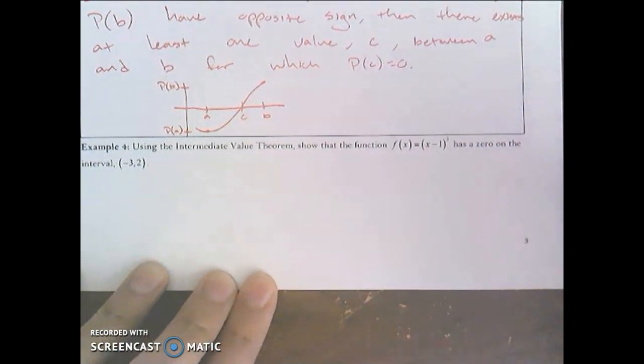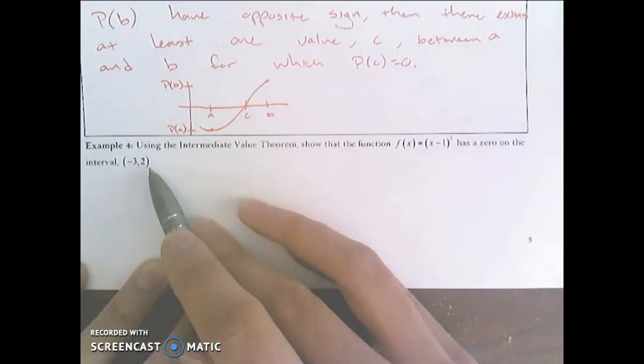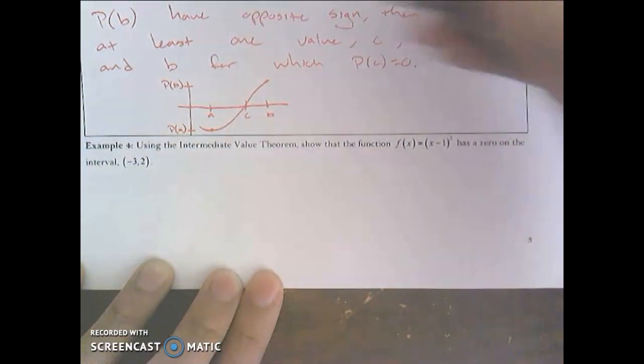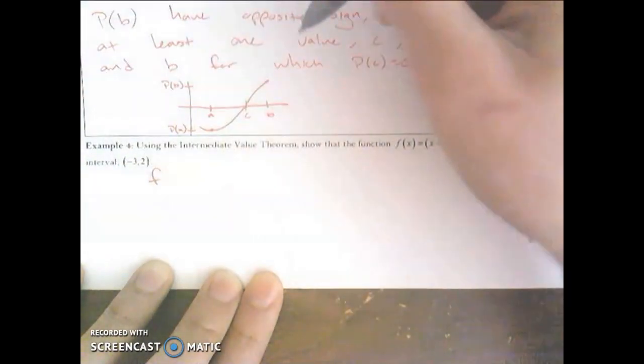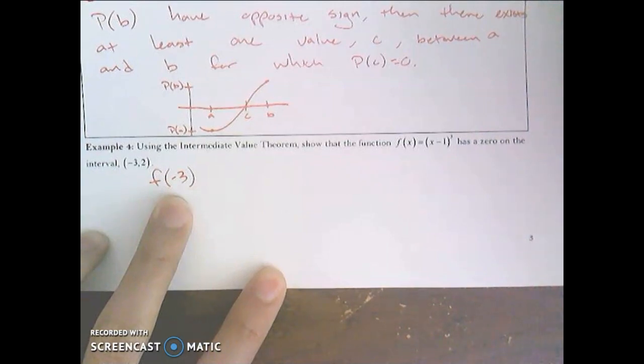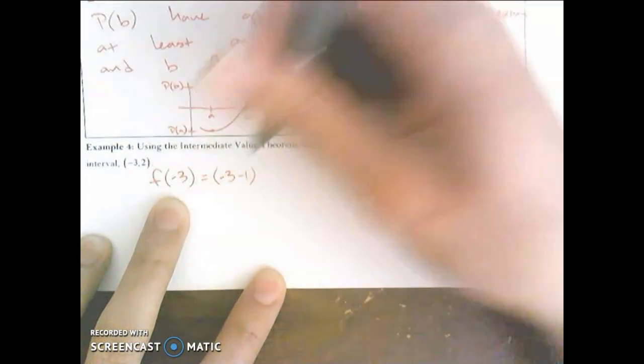So let's practice. Let's use the intermediate value theorem to show that this function has a 0 on this interval from -3 to 2. In order to find this, let's find what is f of negative 3. So at negative 3, we have f of negative 3 equals the quantity negative 3 minus 1, cubed.